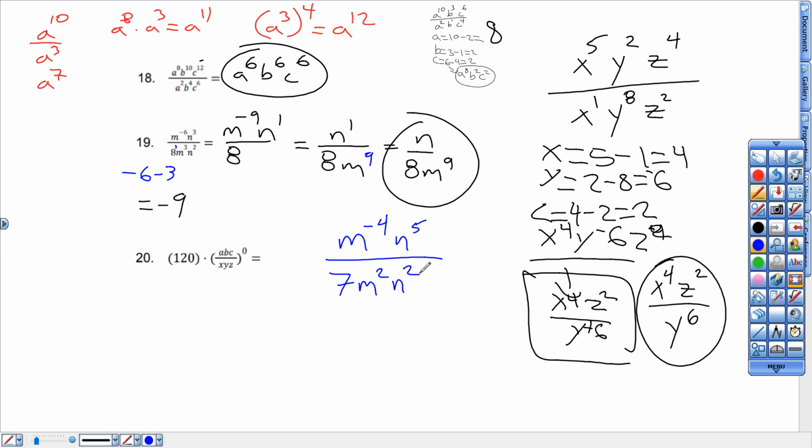Because that's just like this one where I did the -6 minus that 3. You're doing -4 minus that 2, 5 minus that 2. Oh, okay. Wait, I'm gonna be adding. What are you adding? 4 plus 2. So are you doing the top number minus the bottom number?